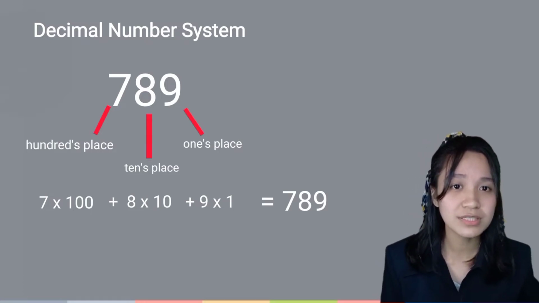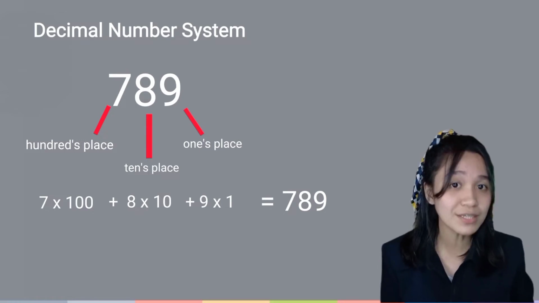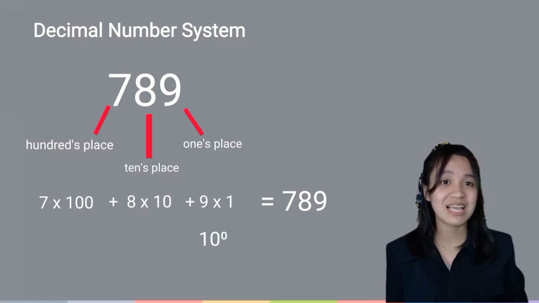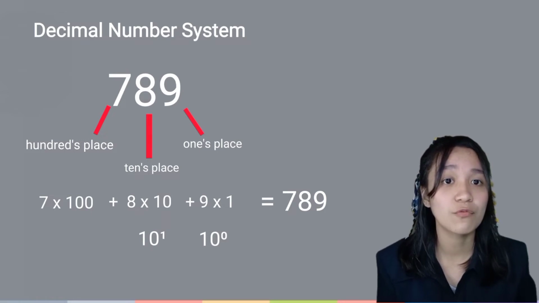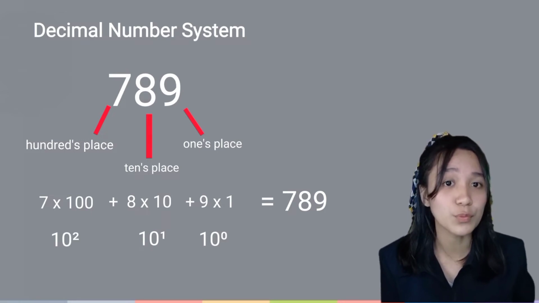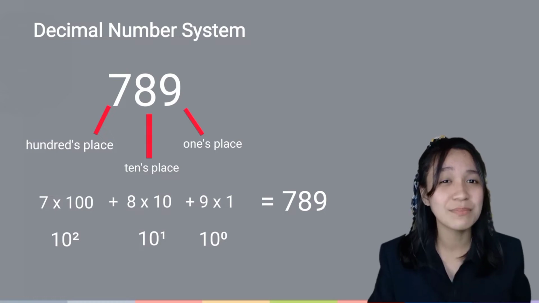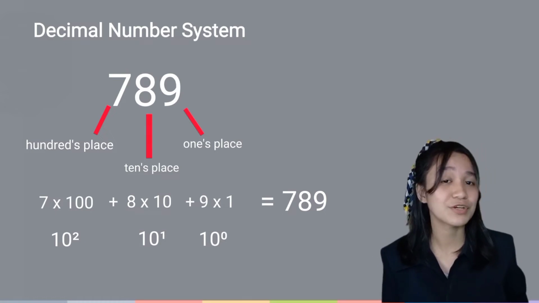Now we can also say that the ones place is 10 raised to the power of 0, the tens place is 10 raised to the power of 1, and the hundreds place is 10 raised to the power of 2. Each place represents a power of 10. And this is why this is the decimal number system, from the Latin for 10.